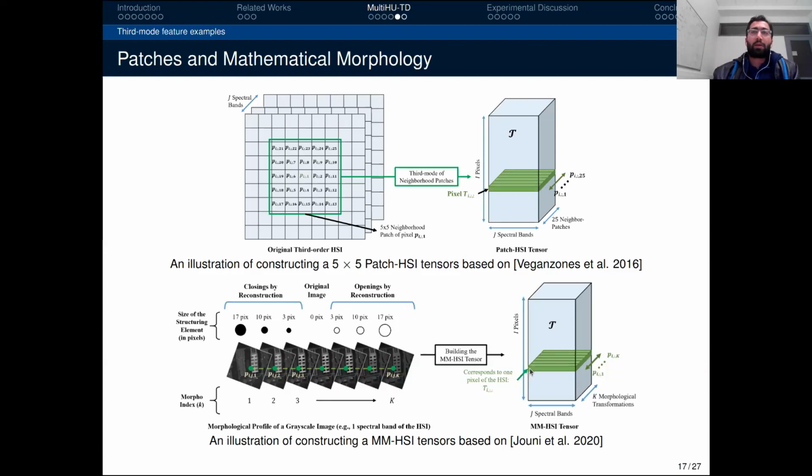The goal is to see what kind of features are streamlined in the decomposition, because in this case, we believed that with mathematical morphology, we can extract more meaningful features from the hyperspectral image. While with the patch neighborhoods, with patch tensors, we are not adding much information.